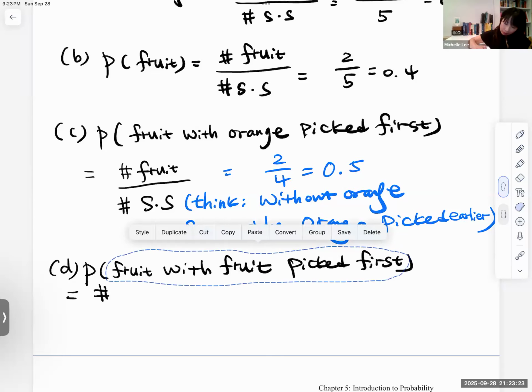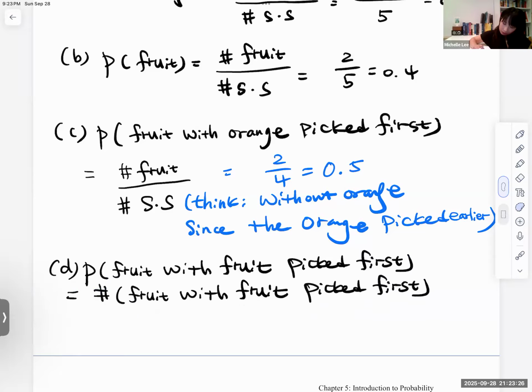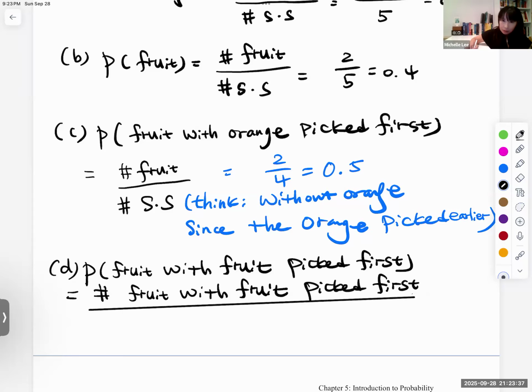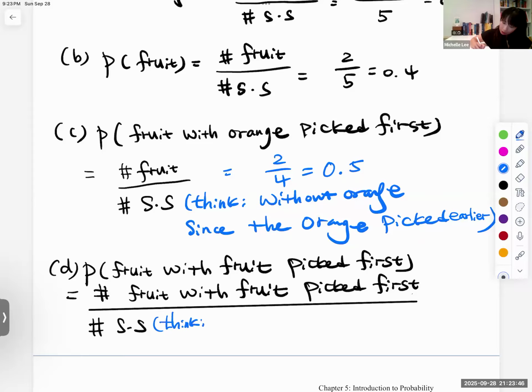In that case, copy, paste. And then divide by sample space. In that case, also without fruit punch, right? Since the fruit punch was picked earlier, right?